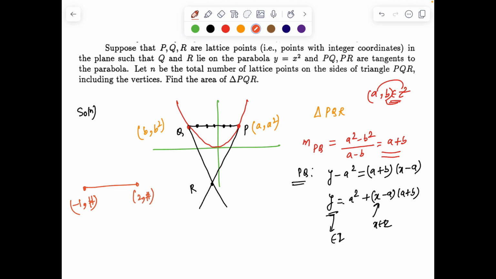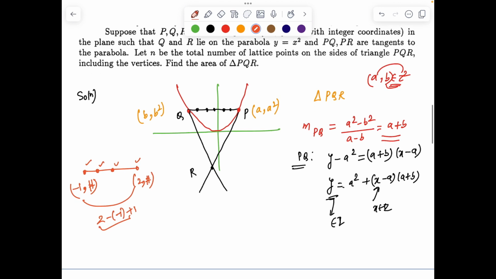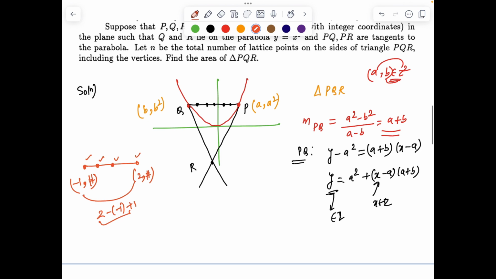So we have points with x as minus 1, 0, 1 and 2. So the total number of integer points is 1, 2, 3, 4, which is nothing but 2 minus minus 1 plus 1. So this gap plus 1, right? So I can say the number of integer points I have is a minus b plus 1 on the side PQ. This includes the vertices as well, right?